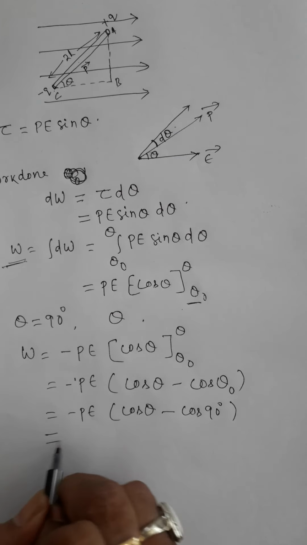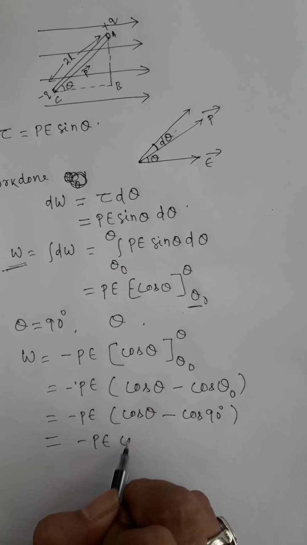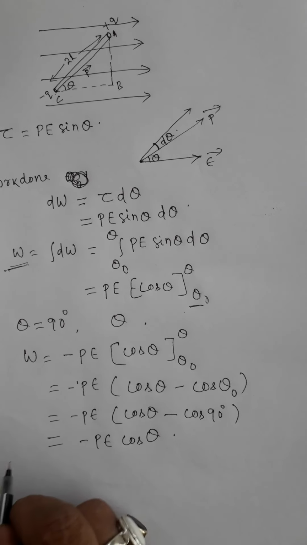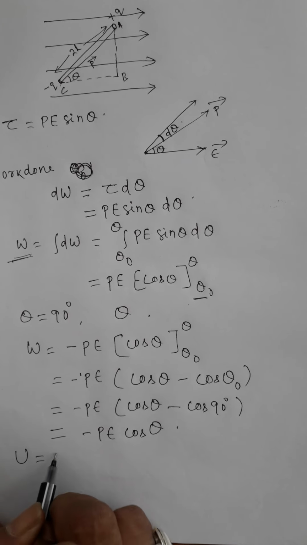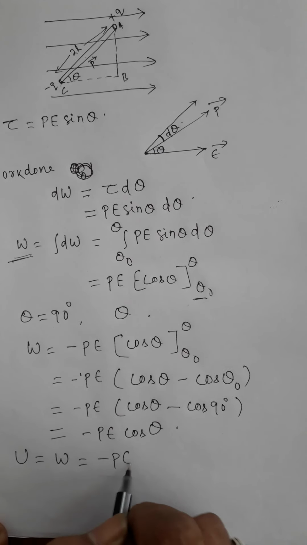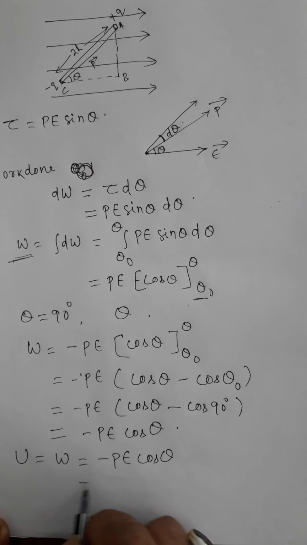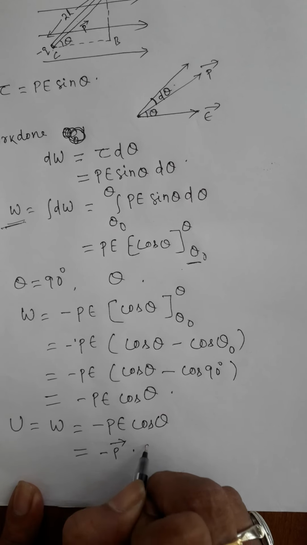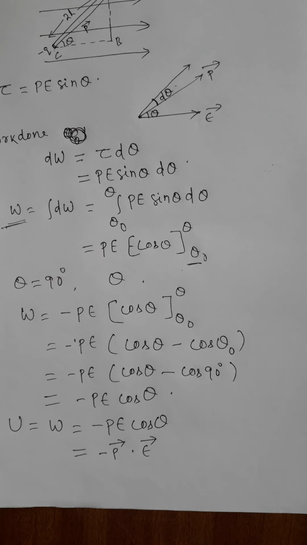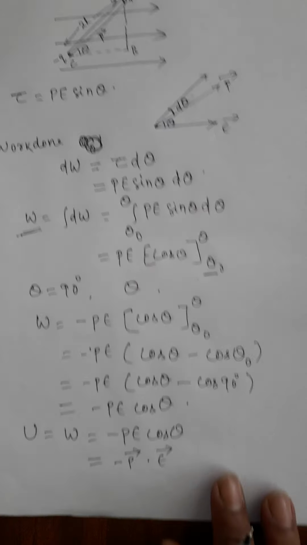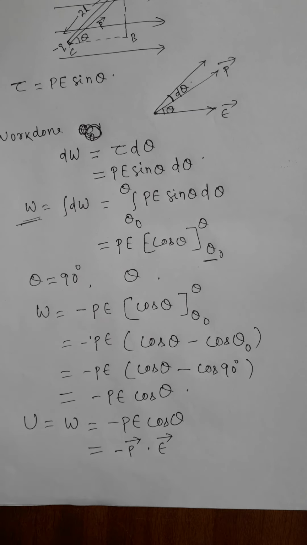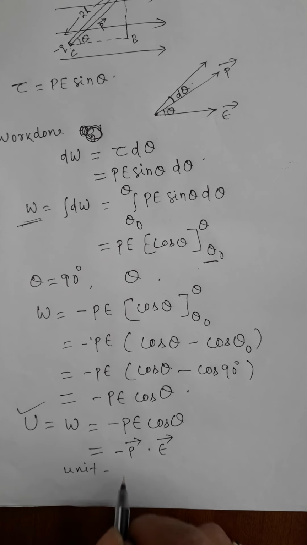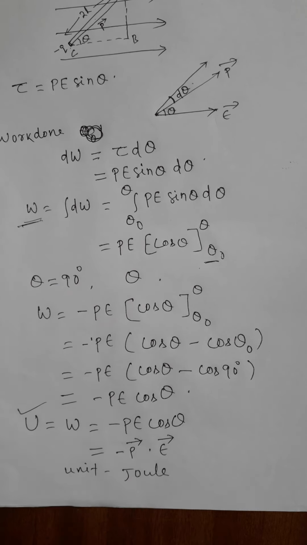So it will be minus pE cos theta. So potential energy U, that is the work done, is minus pE cos theta, or you can write it as minus p vector dot E vector, because work is a scalar quantity. And so potential energy is also a scalar quantity and its unit is joule. Thank you.